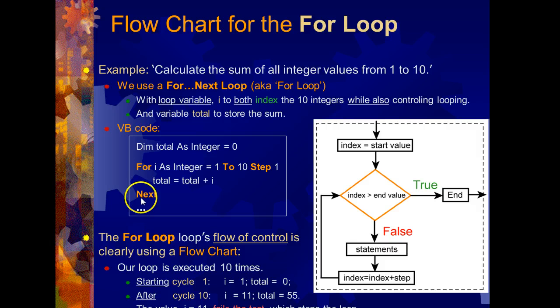So what is this going to do? Let's read it and see if it's understandable in English. It says, for I as an integer equal to 1 to 10, step 1.